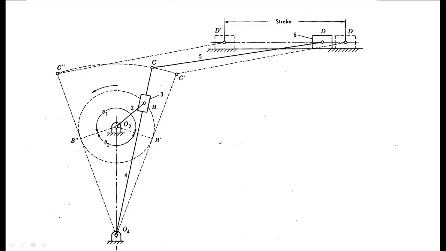Let us understand the crank and slotted lever mechanism in depth. So this is my crank, link number 2. Link 1 is the fixed link, you can see here, and this is link 2, which is the crank. Link 3 in the actual mechanism was the connecting rod, but here we are having this as a slotted lever.